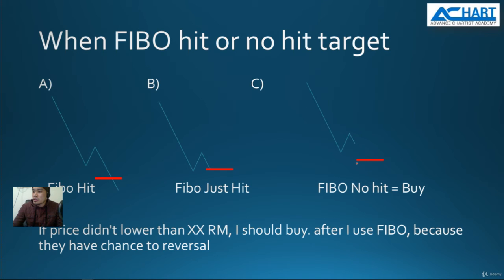Every time we measure a target and it is easier to hit, it means that the trend is very strong. When we measure the target in a downtrend, 1.618 is actually very far, and usually it does not hit the target.